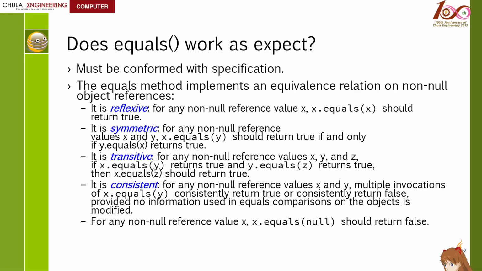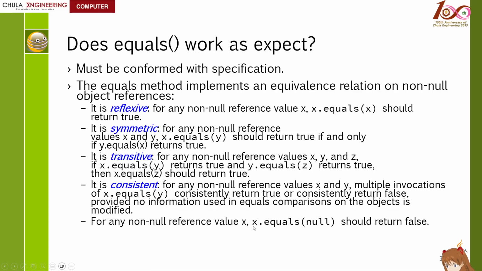Transitive means if x equals y is true and y equals z is true, then x equals z must also be true. And consistent means if x equals y returns true, then it must always return true if nothing changes. And if it returns false, it must always return false unless anything changes. So, that's it.